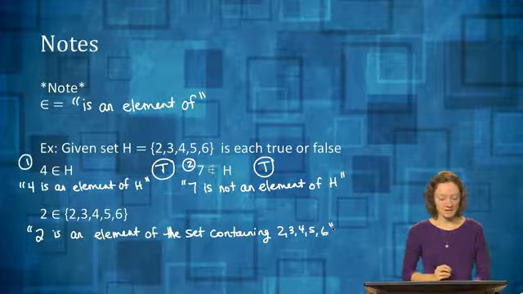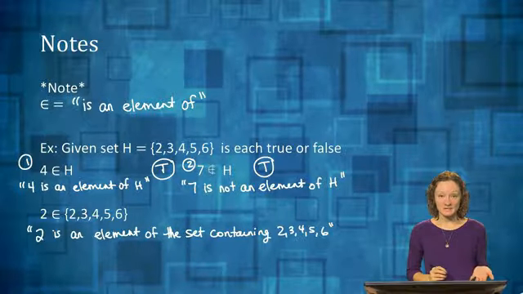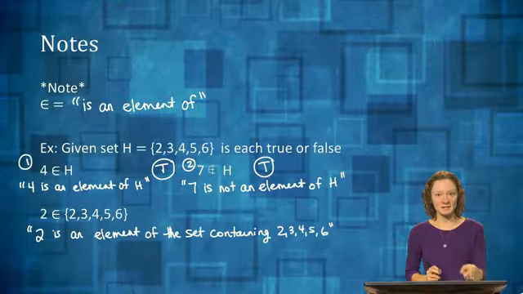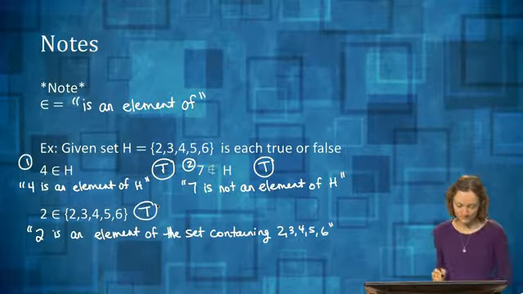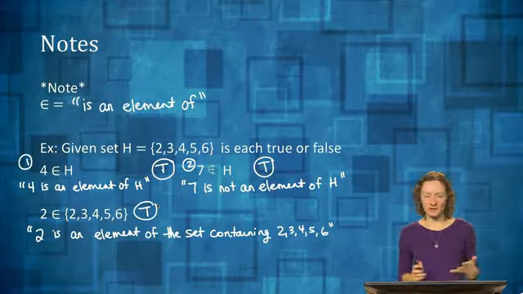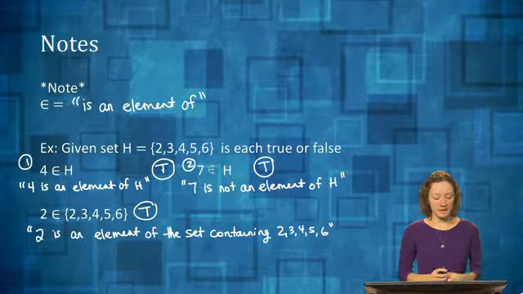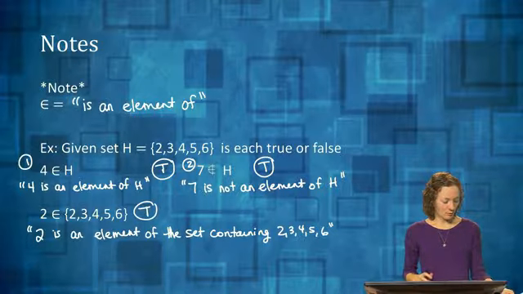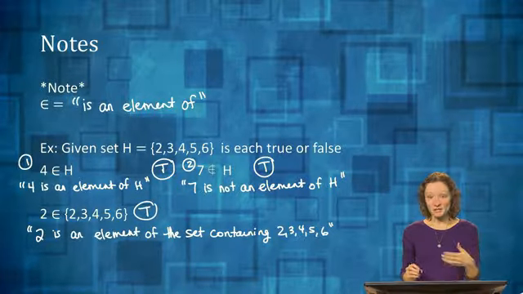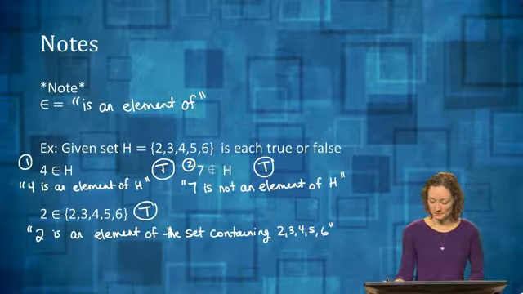There's our direct translation. Then the question, is this true or false? Is 2 an element of that set? It is inside of there, so yes, it's true. The idea here really isn't to worry about the true false. We'll see questions like that, but the idea is to get used to using that symbol since we're going to see it a little bit more. And we introduce it because it's part of set builder notation.